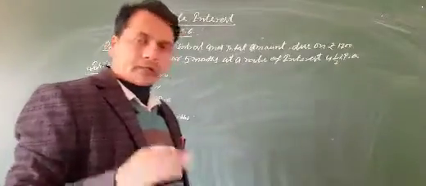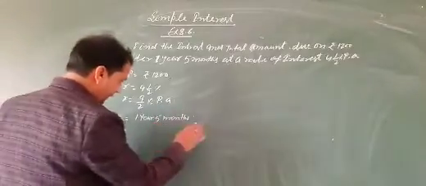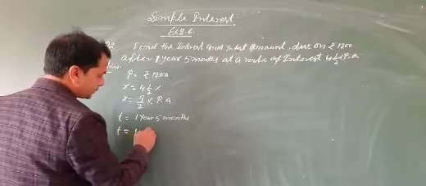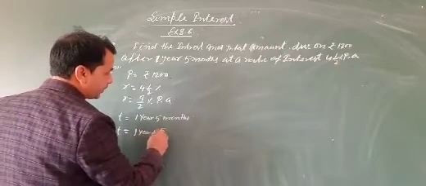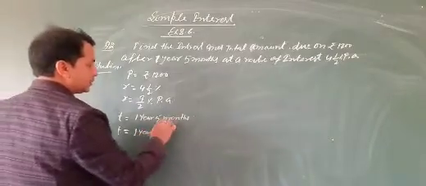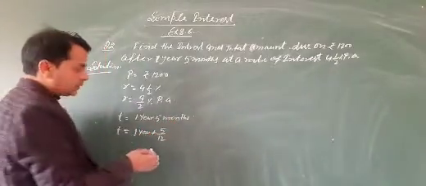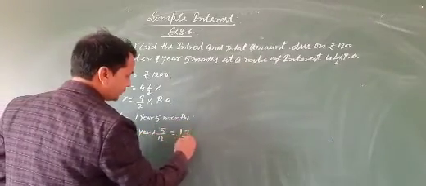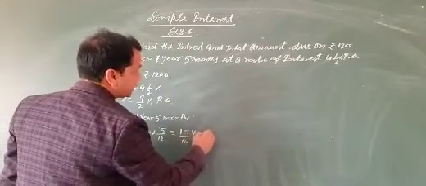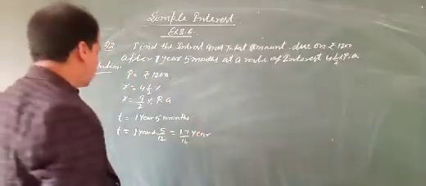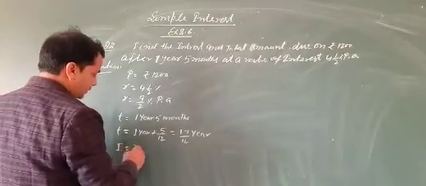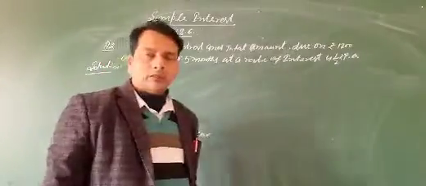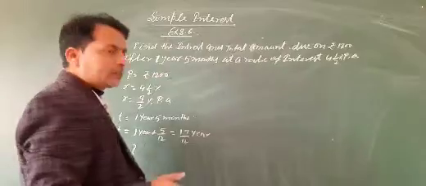So first of all, we will convert the months into years. Then 1 year plus 5 by 12, month changing to the term of year, that is 17 by 12 year. So what is the total amount and interest? First find the value of I, using the formula of simple interest.